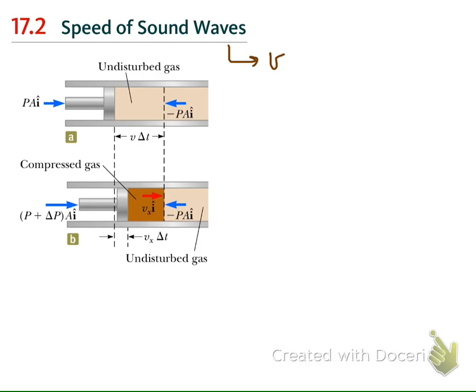Now we will use the impulse momentum theorem to analyze this situation. Since there is a force from the pistol to this element of the medium, it means that there is an impulse on this medium, and this impulse must equal the change of the momentum of every molecule in this medium.